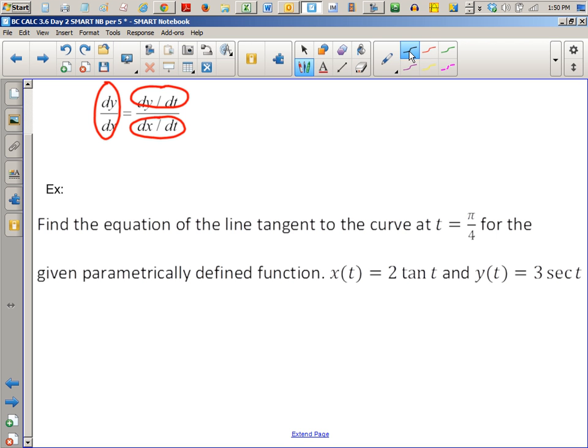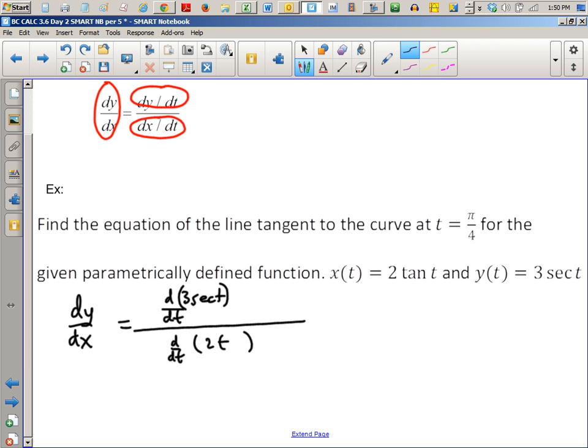So, if I want to find dy dx, what I'm going to do is take the derivative of y, that's 3 sec t, for my numerator, and the derivative of x, that's the 2 tan t, for my denominator. Both these derivatives are pretty simple.